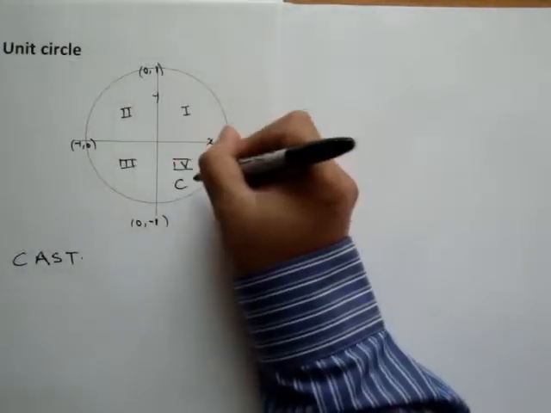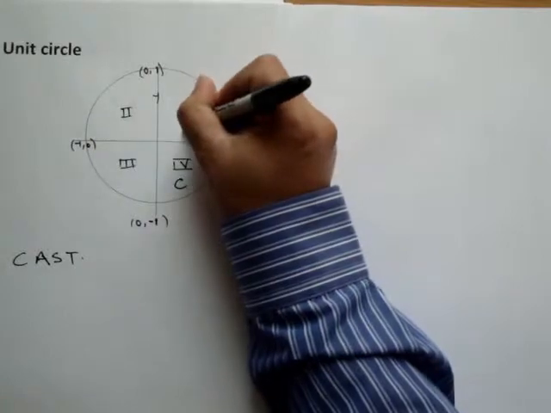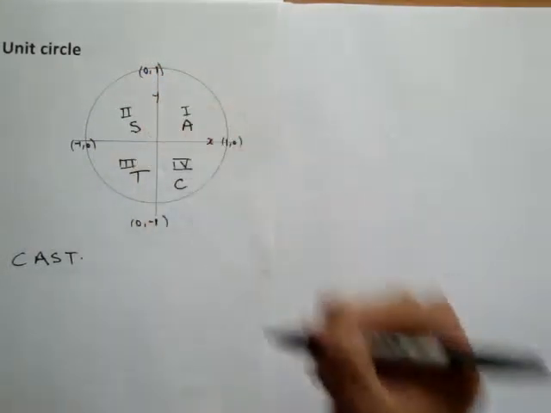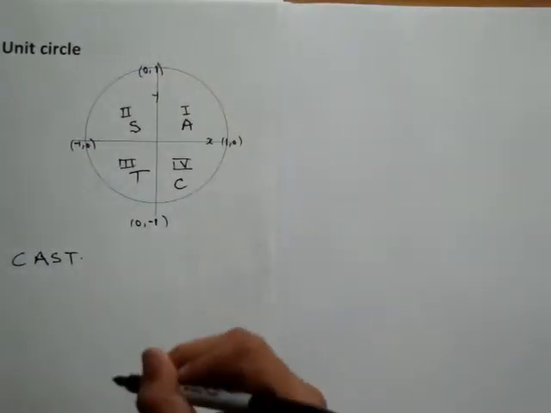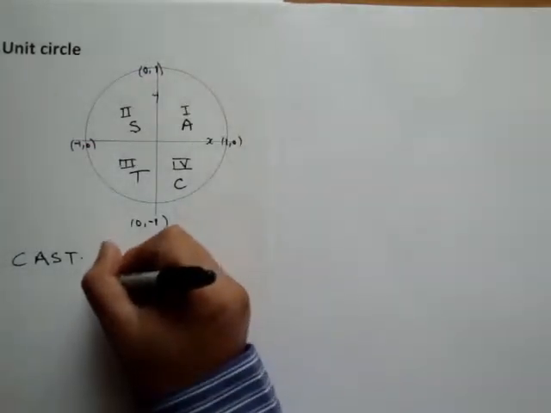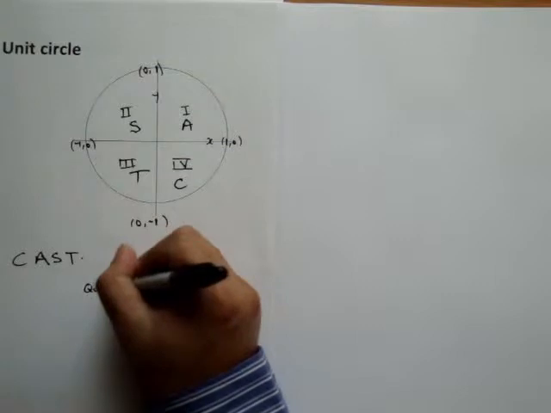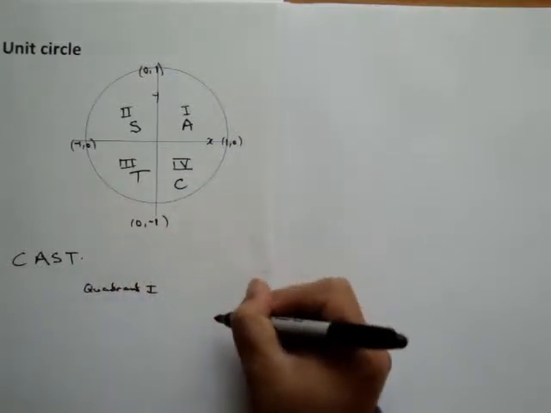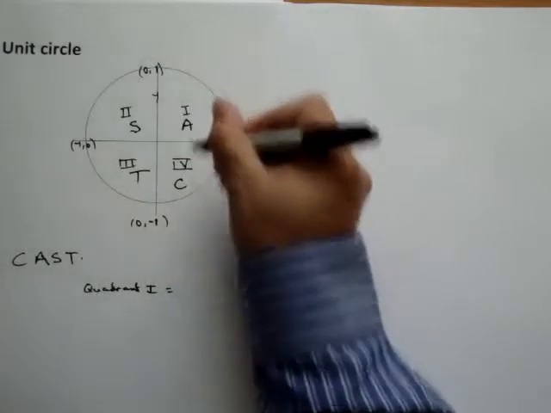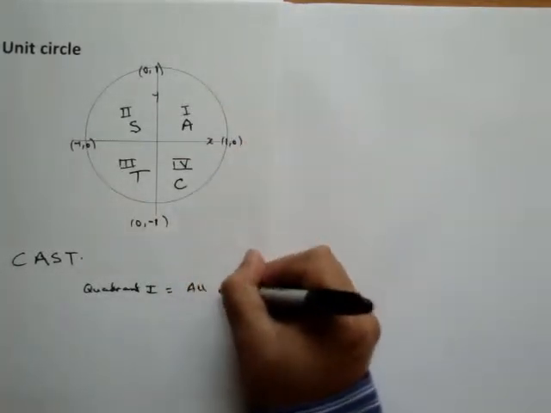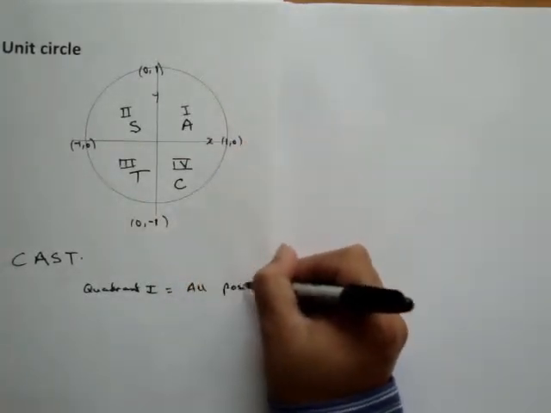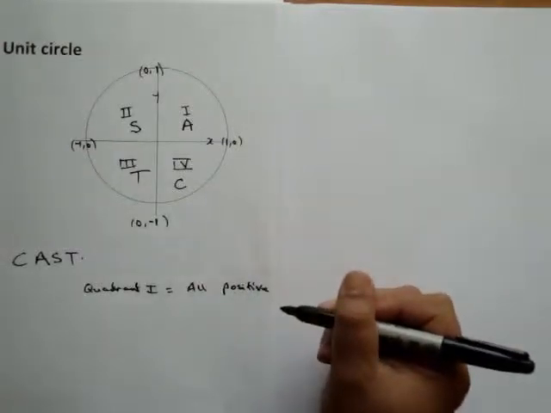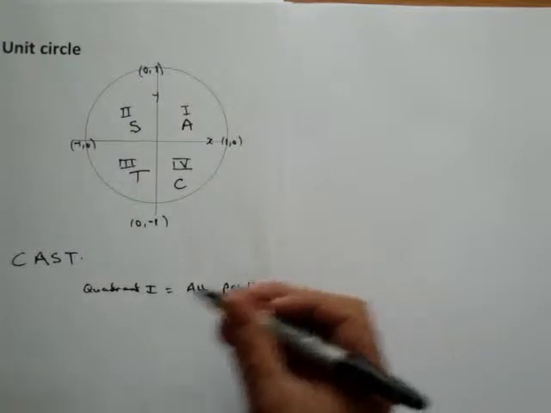So the fourth quadrant is C, the first quadrant is A, second quadrant S, and T. And what we find is that in quadrant 1, it's A, which is all positive. So the signs of cosine, sine and tangent are all positive.